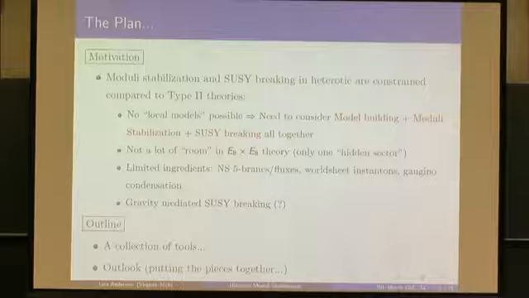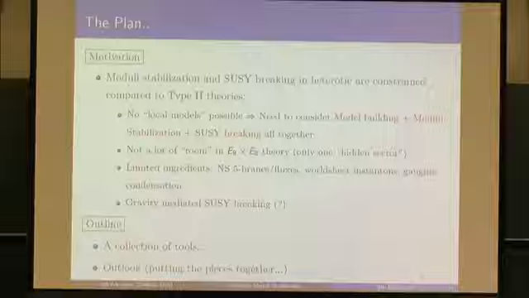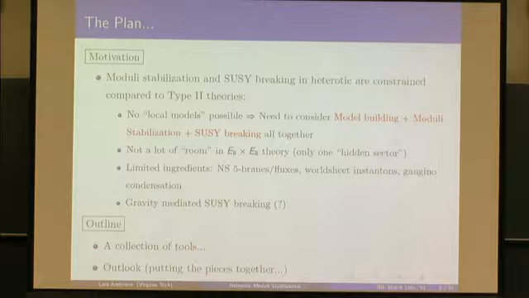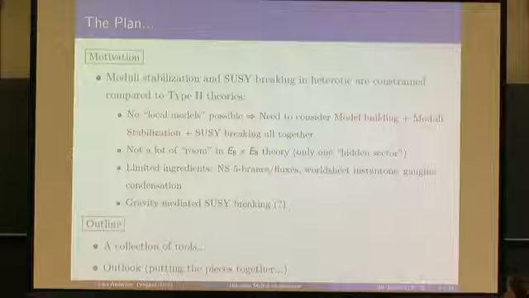Limited ingredients in terms of the types of fluxes, specifically Neveu-Schwarz fluxes and 5-branes. And then your non-perturbative effects, roughly the same as in type 2, worldsheet instantons and gaugino condensation. Also, again, because of the structure of the theory, things like gauge-mediated supersymmetry breaking are not really available to you. So if you're going to break supersymmetry, it's probably going to be gravity-mediated if, for example, you put it in a hidden sector. So this is just a set of things to bear in mind for the approach.